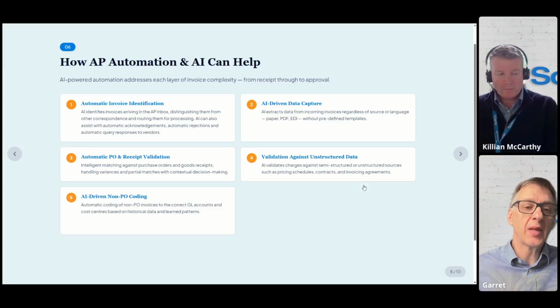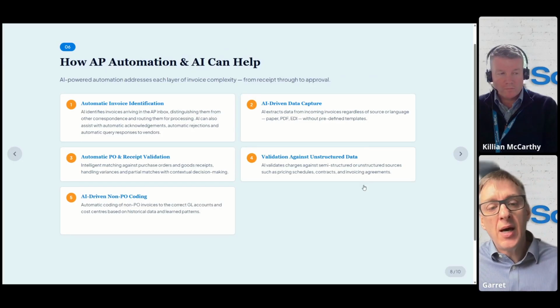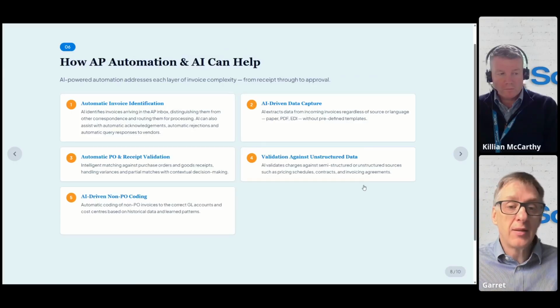So again, any information that you may have historically can now be used with AI, with LLMs, with the ability to train it based on historical data, or even create rules if you want to put a more specific structure around how your invoices should and can be coded.